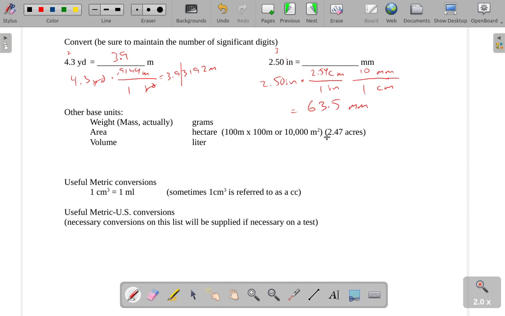Alright, so when we're talking about the metric system, we have other base units that we deal with. Mass in the metric system. There's often some confusion between what mass is versus what weight is, because, again, in the U.S. system of measurements, we conflate. We use pounds for both mass and weight, and it just gets confusing, especially when you start to do actual physics and stuff like that.